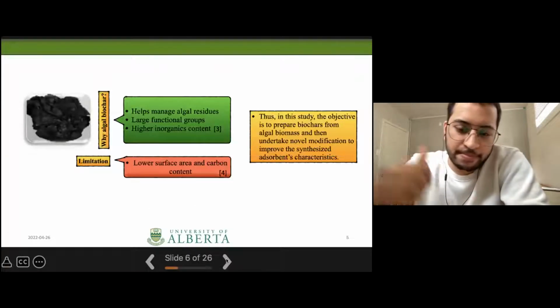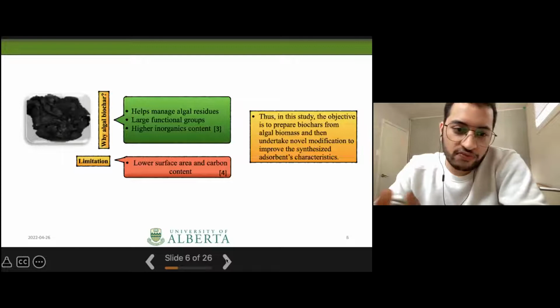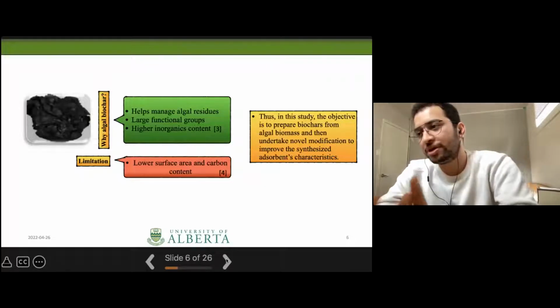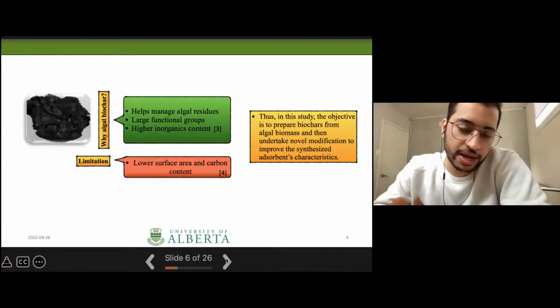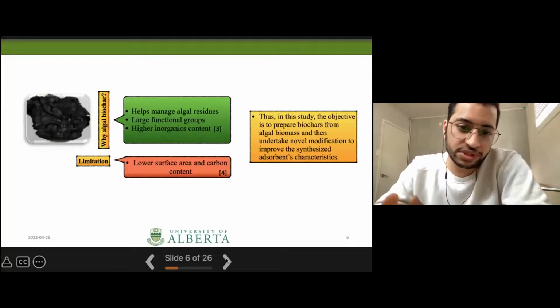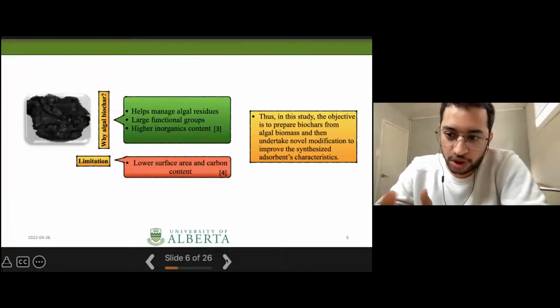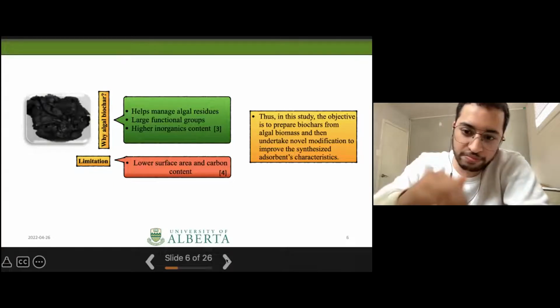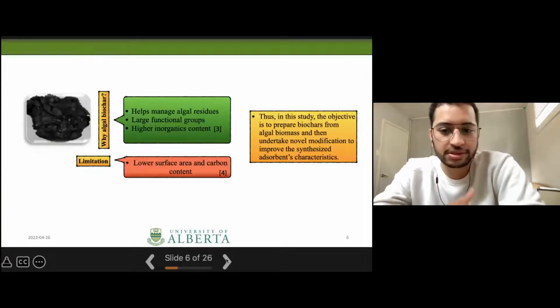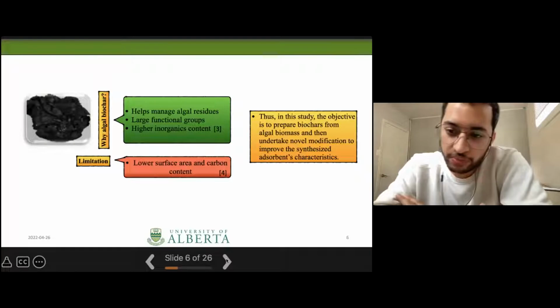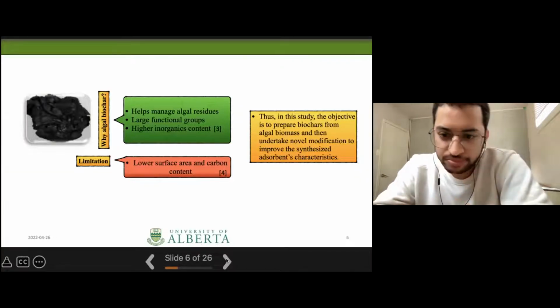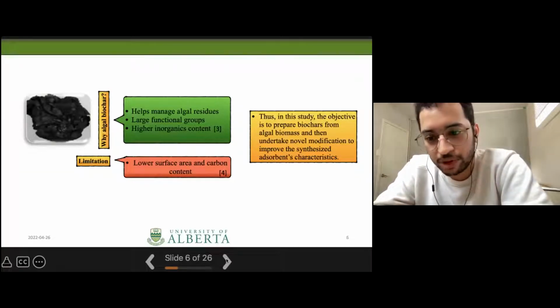So we need to find methods where we can balance the trade-off and prepare efficient adsorbents. It is a well-established fact that the choice of biomass affects the physicochemical properties of biochar. Hence, careful consideration should be given while choosing a biomass for producing biochar.